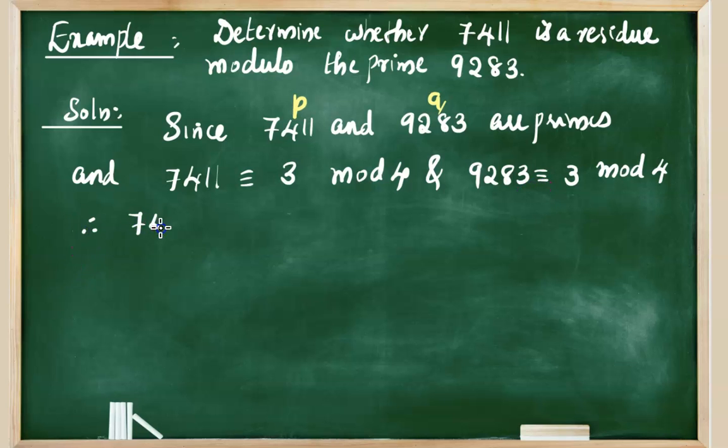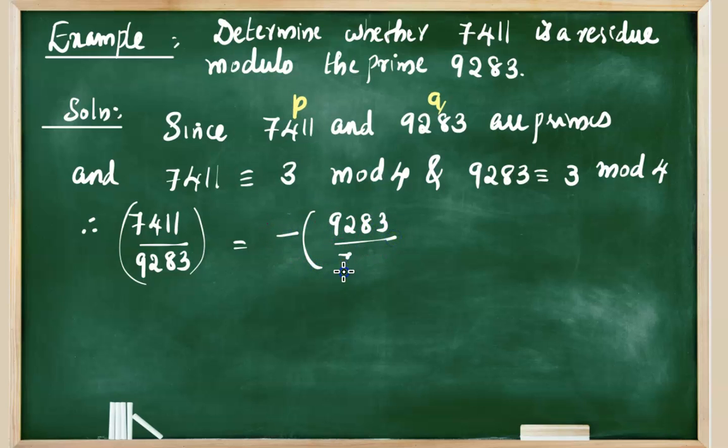Therefore, Legendre symbol of 7411 modulo 9283 will be equal to minus of 9283 by 7411.